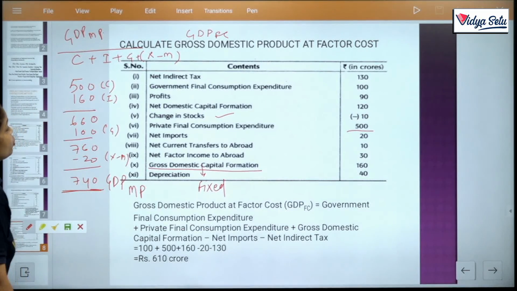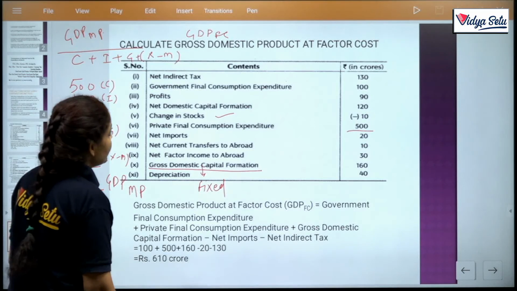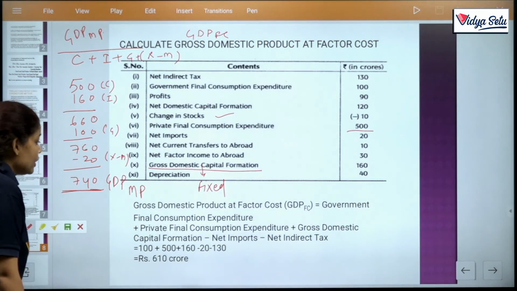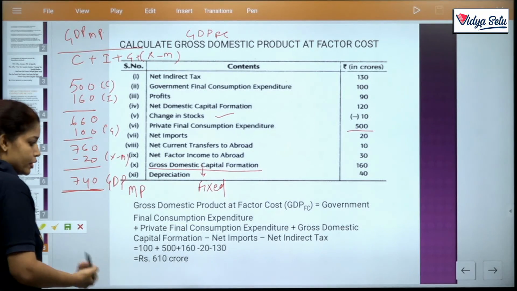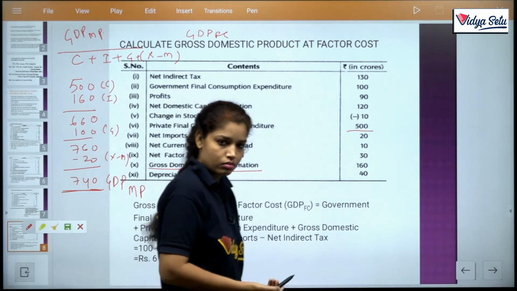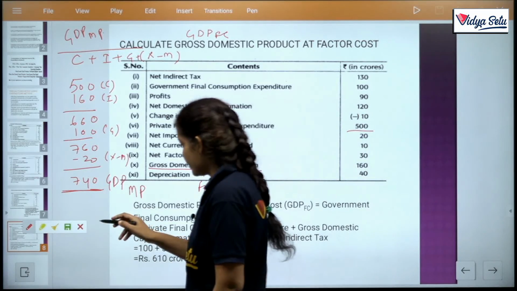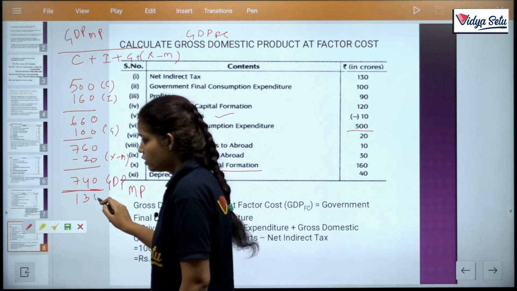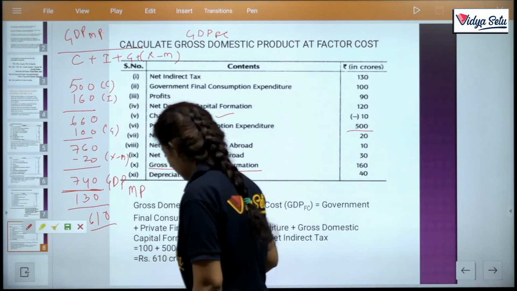Now the question is asked about GDP-FC, so we give the tax effect. Net indirect taxes are 130. For FC to MP we add taxes, clear, but for MP to FC we subtract taxes. So minus 130, the answer is 610.